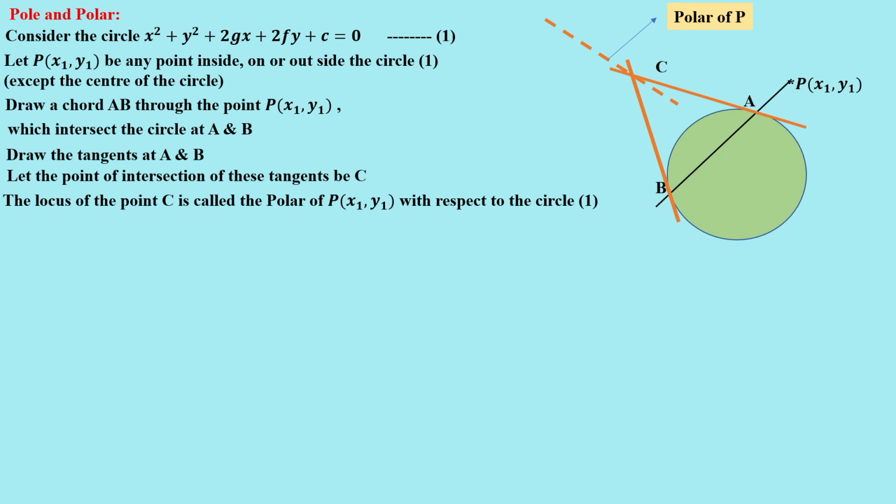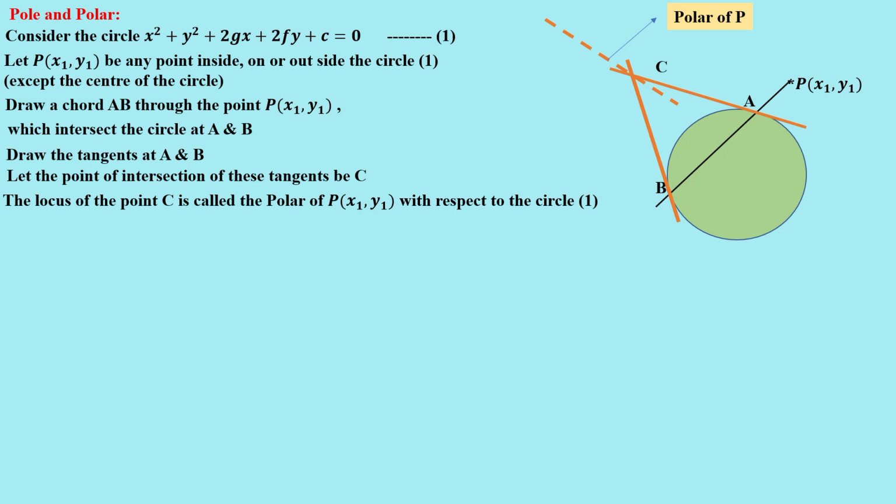If you are changing the tangent directions, you can draw AB, and from AB two tangents, and their point of intersection is C. If you change the direction of the tangents, then you will get a path like that which is shown in the dotted line.